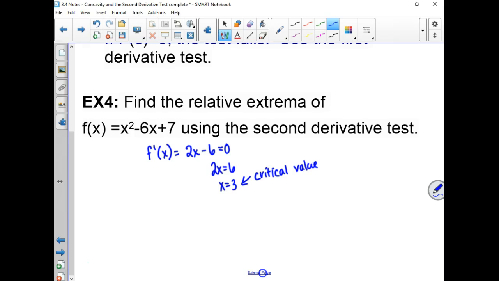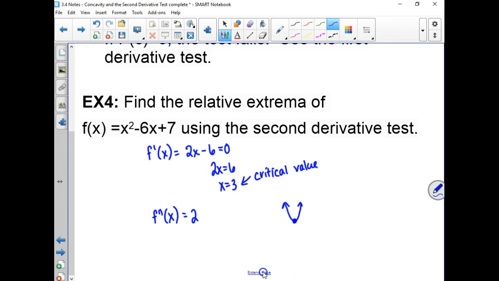Okay? So then, rather than doing a sign line, which we could do and would give us the right answer, we're going to take the second derivative. And the second derivative is just 2. So the second derivative is positive, meaning that our graph is concave up, which means that x equals 3 must be a minimum point there.